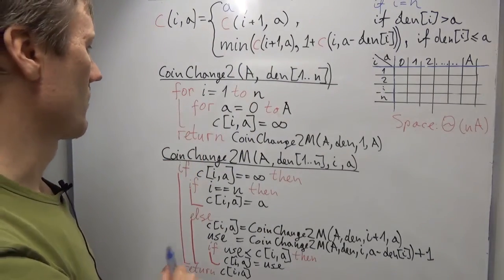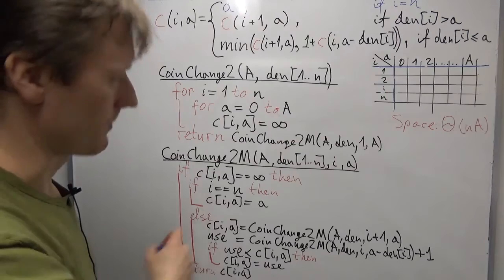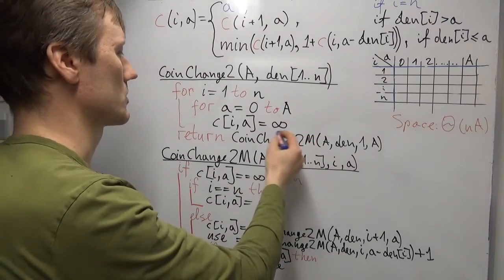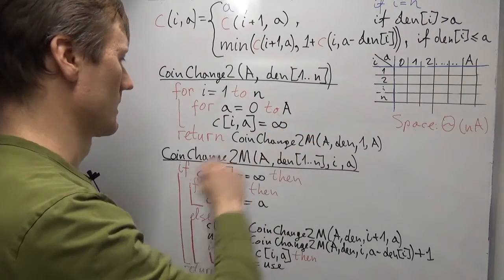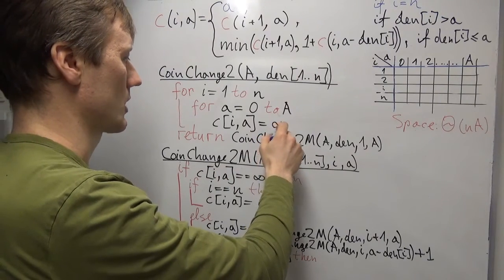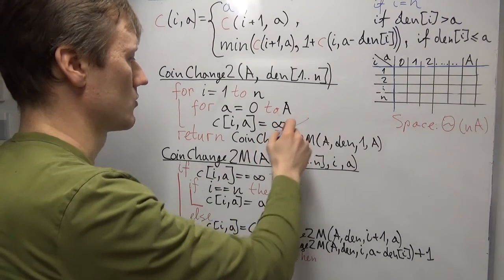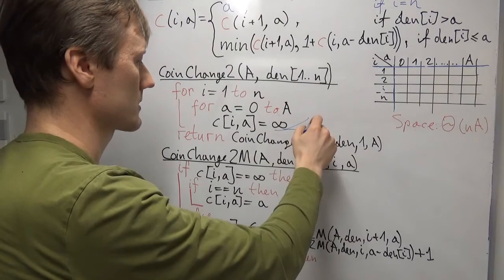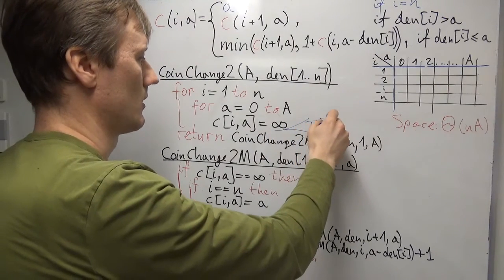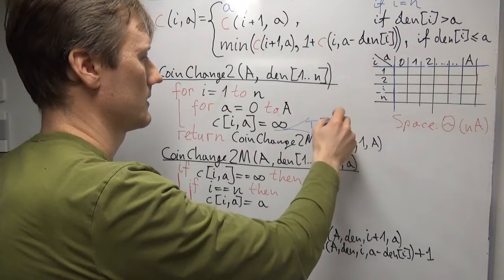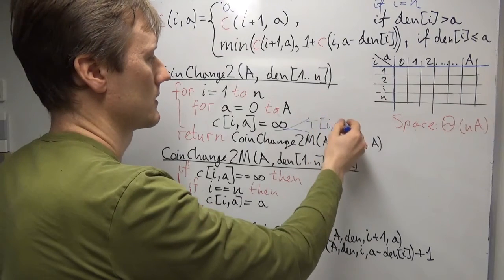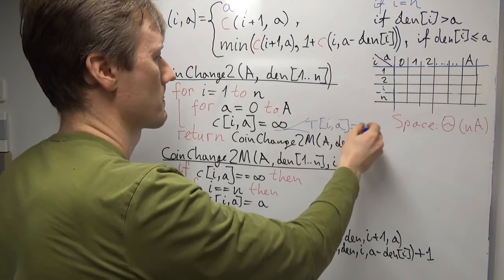We can program it in different ways, but what we can do is initially initialize the whole array T to be false. So T of i, A is false.